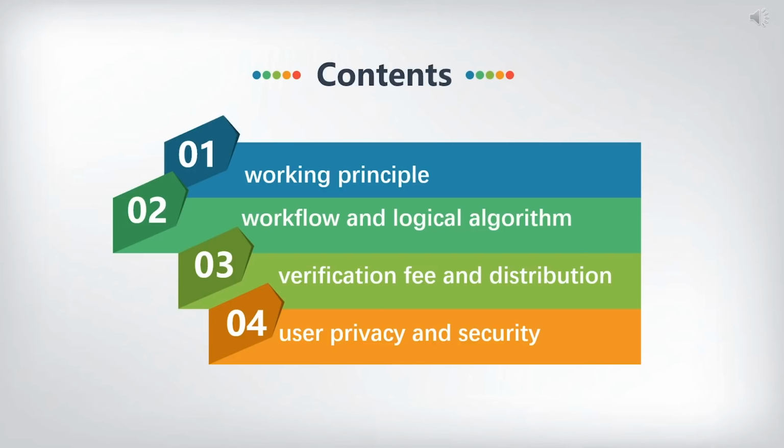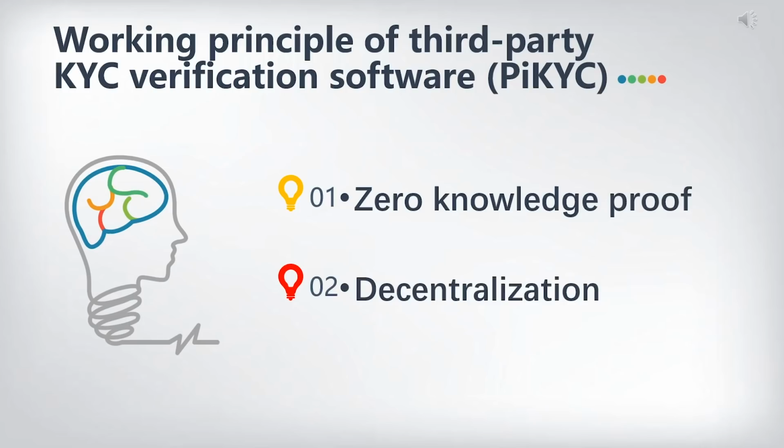Regarding the proposal, we mainly talk about 4 aspects: working principle, workflow and logical algorithm, verification fee and distribution, user privacy and security. Working principle of third-party KYC verification software, PyKYC.